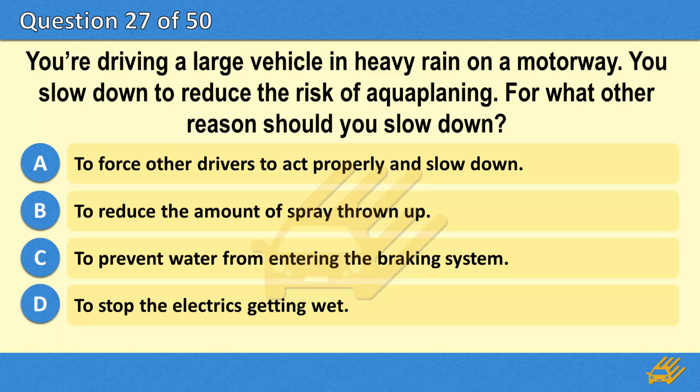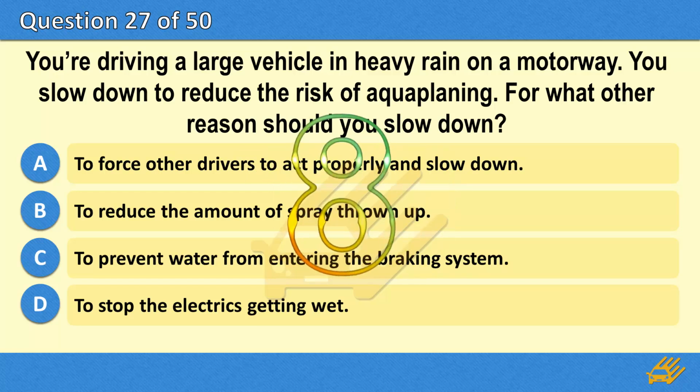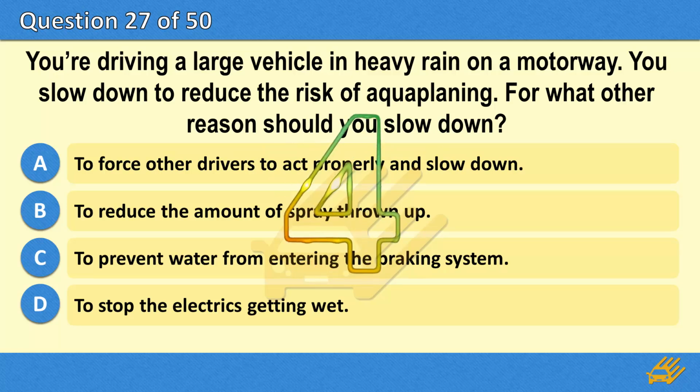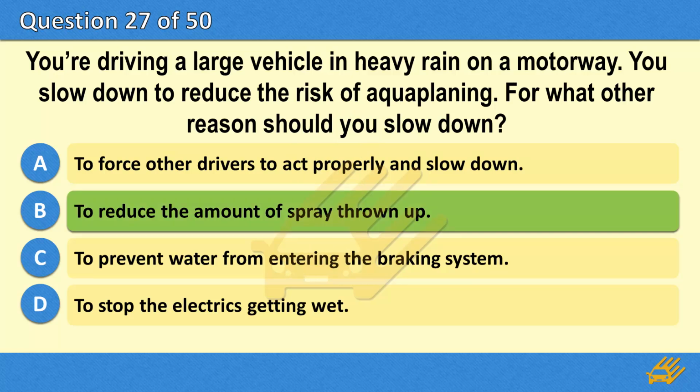D. To stop the electrics getting wet. The correct answer is B. To reduce the amount of spray thrown up.